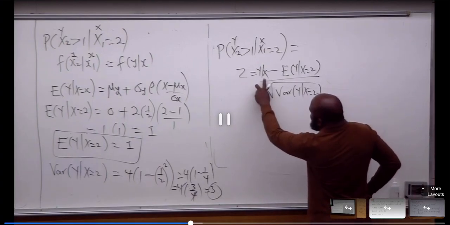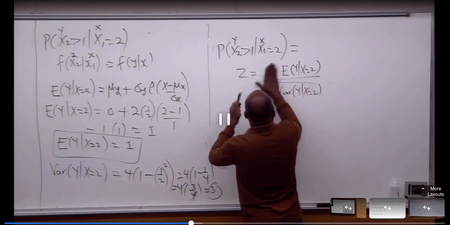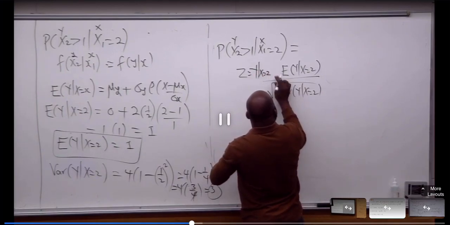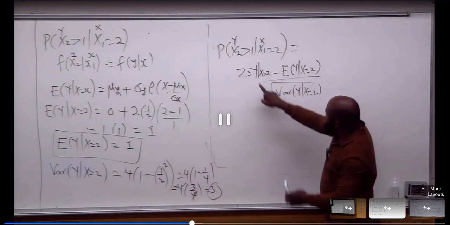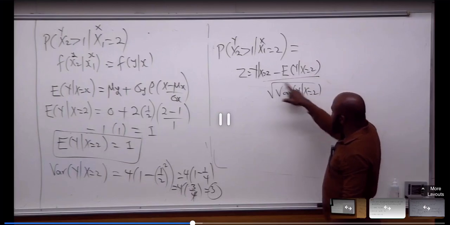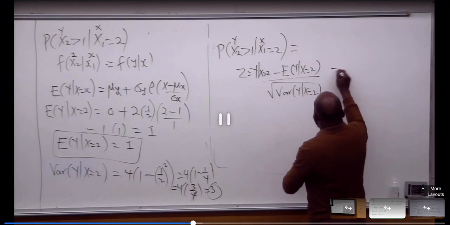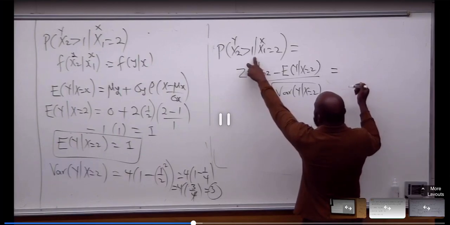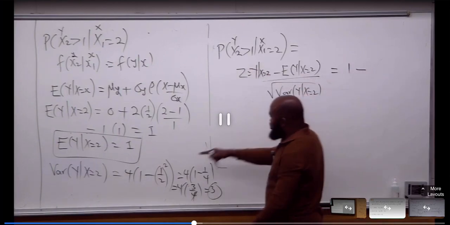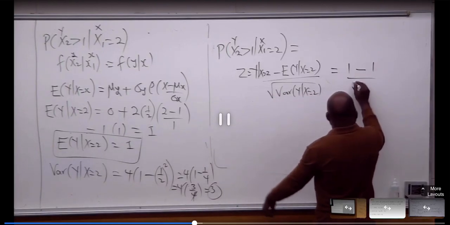So z equals y given s minus the mean of that. Y given s, maybe I should write that as y given s equal to 2. Y given s equal to 2 is a random variable minus its mean divided by the standard deviation. That's going to be my z. So right now, that is giving us 1 here, minus what do you get for mean? 1, divided by square root of 3.